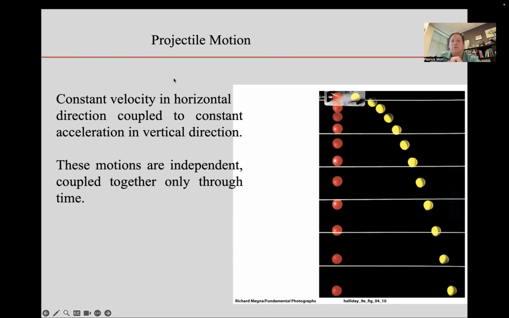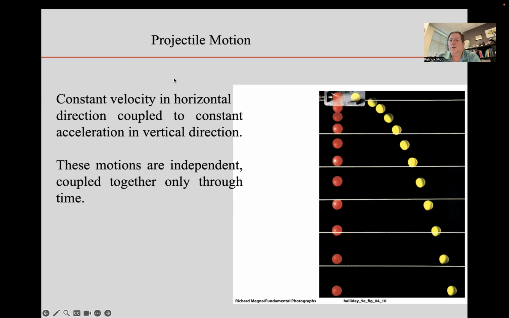It would stay in the air just as long as if I dropped a ball from the same height. The free fall motion vertically is completely independent of the uniform translation horizontally. The only thing that couples together those two spatial dimensions of motion is time, because there's only one time coordinate. It's the same time for all.